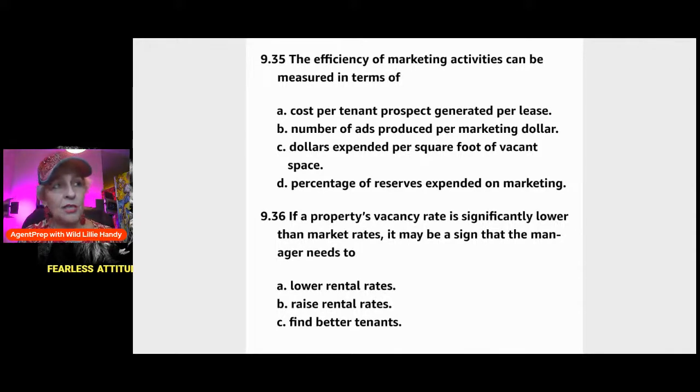So it's a cost per tenant prospect generated per lease. So how many prospects per lease? Based on what I said, they had 5 prospects and leased 1, 5 more prospects and leased another. So 10 prospects, 2 leases.